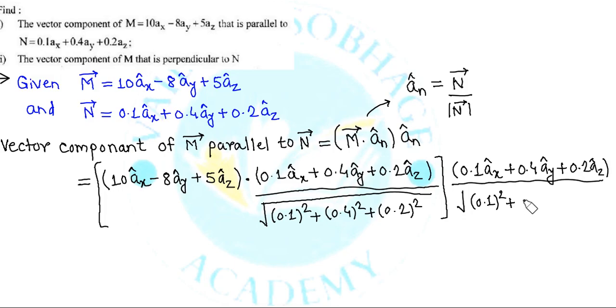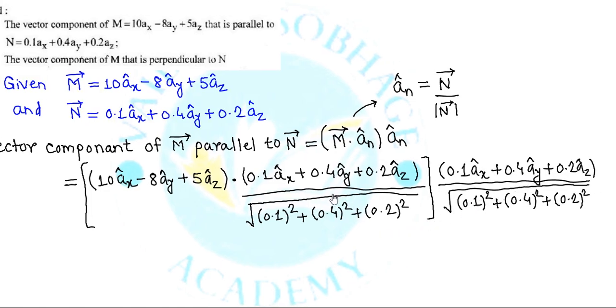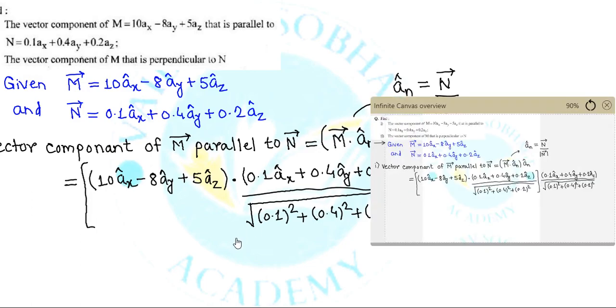Unit vector of given vector n. So 0.1 square plus 0.4 square plus 0.2 square. Okay, now we are done with this writing. Very firstly, we have written your given vector m as it is, and then we have taken its dot product with unit vector along n, and again we are going to multiply it by your given unit vector n. Now simplify that one.